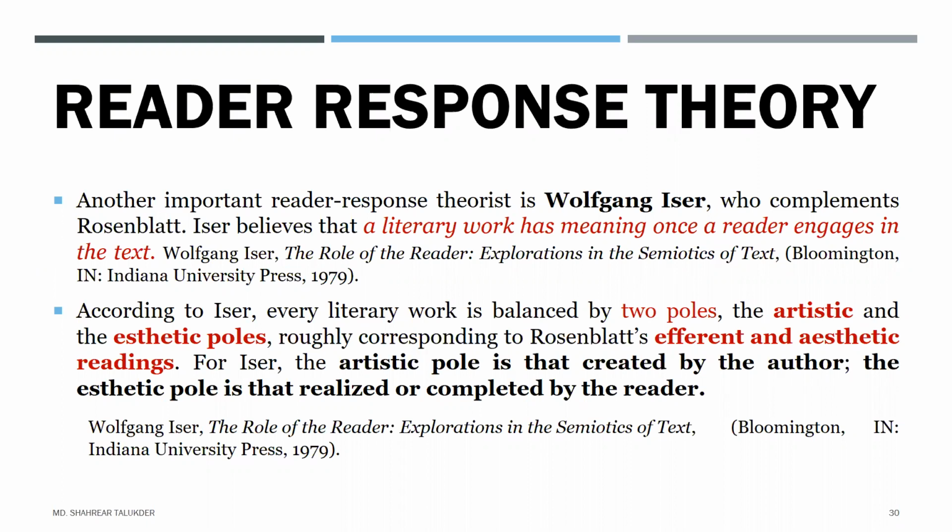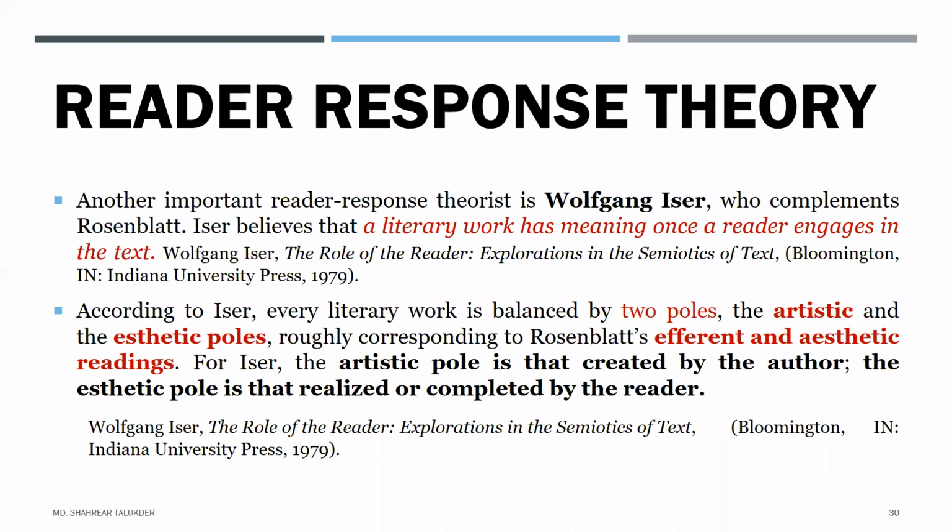So here we can talk about Iser. If you look at the second paragraph in this slide, you can see, according to Iser, every literary work is balanced by two poles, the artistic and the aesthetic poles.